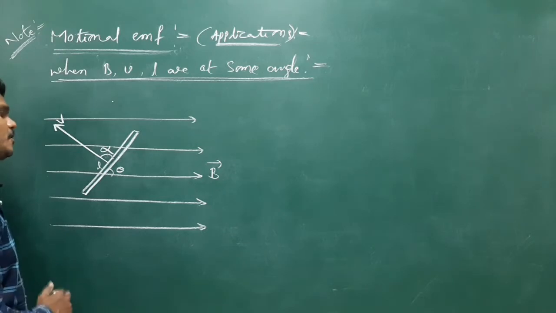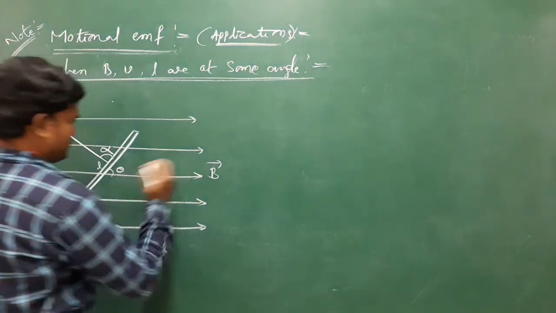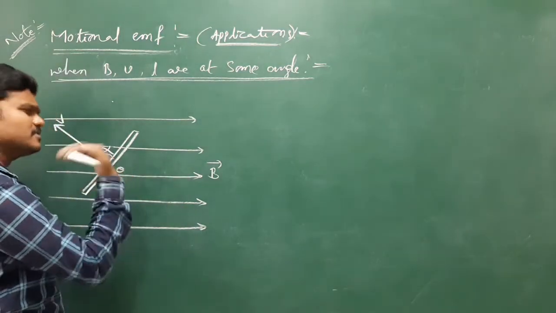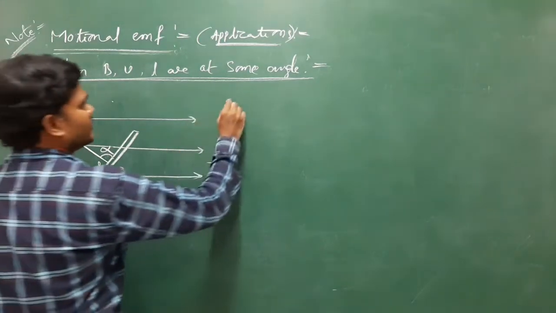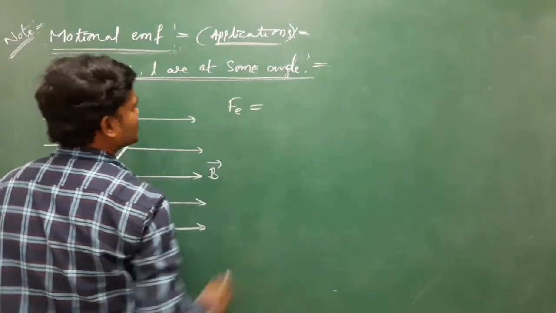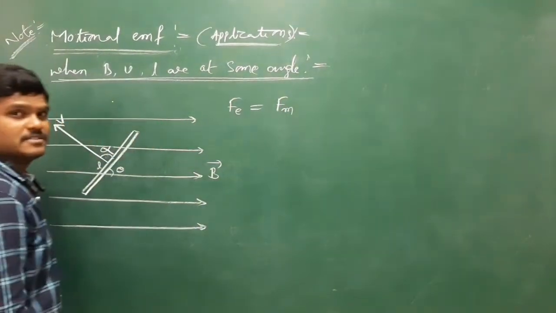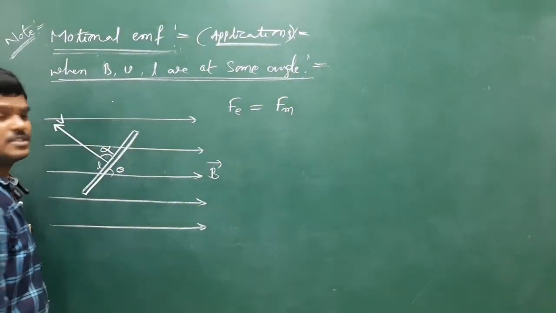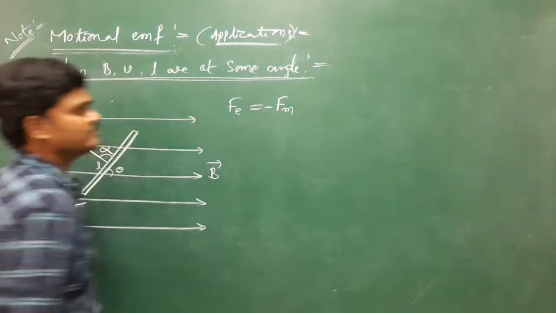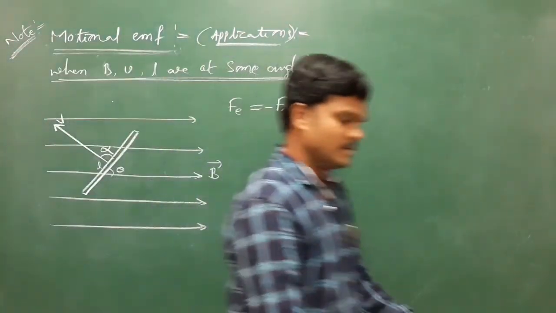After some time at equilibrium, the electrical force acting on a charged particle equals the magnetic force, they are equal and opposite, so we can write Fe is equal to Fm.